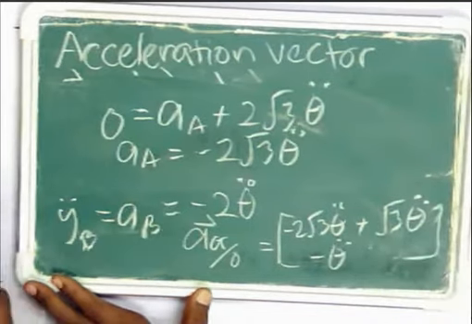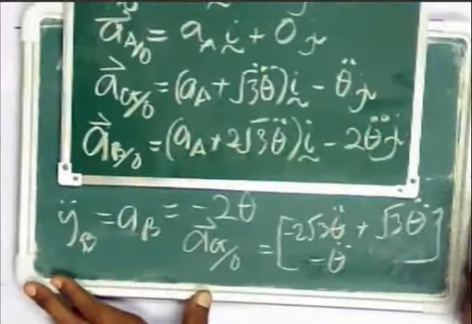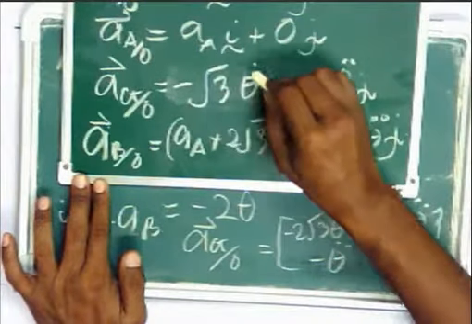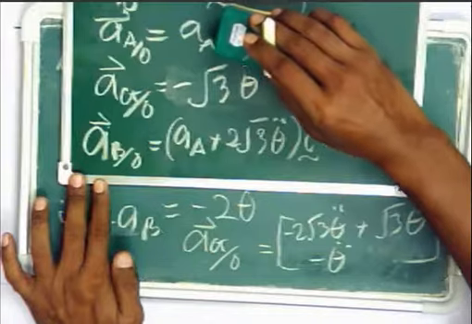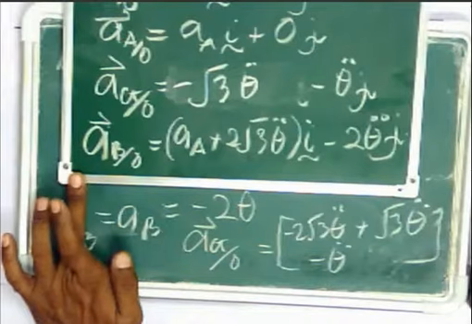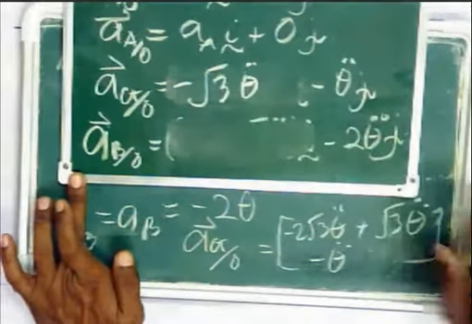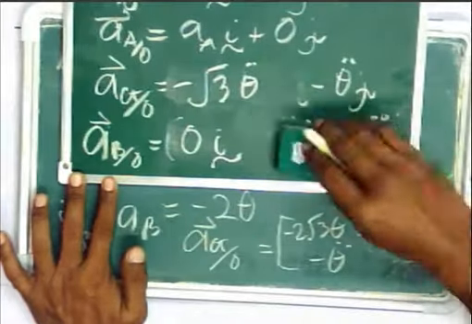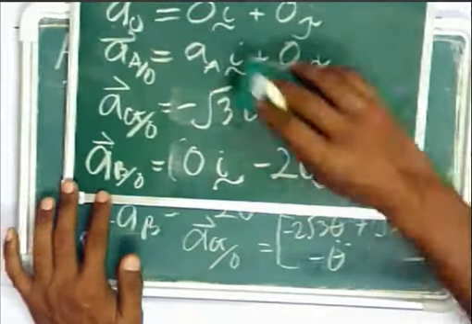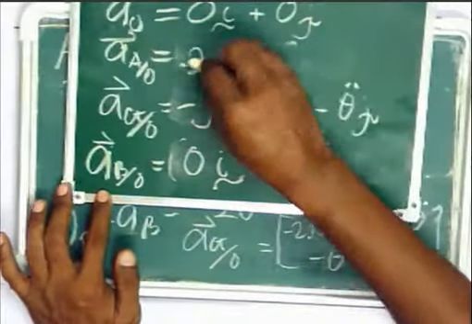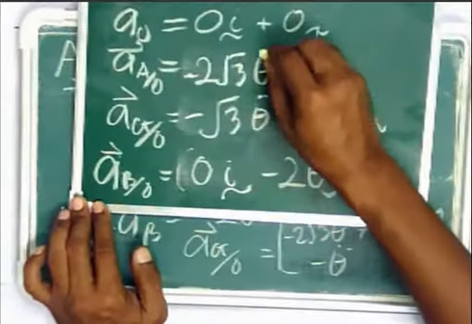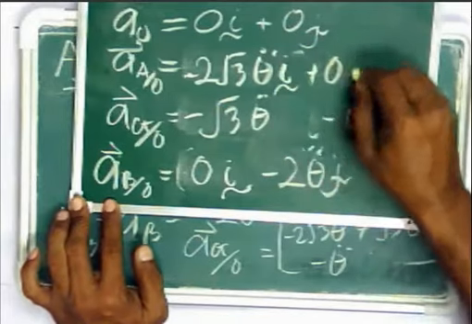So the absolute acceleration of G will be minus square root 3 theta double dot i minus theta double dot j. For B, it will be 0i minus 2 theta double dot j, and for A it is minus 2 square root 3 theta double dot i plus 0j.